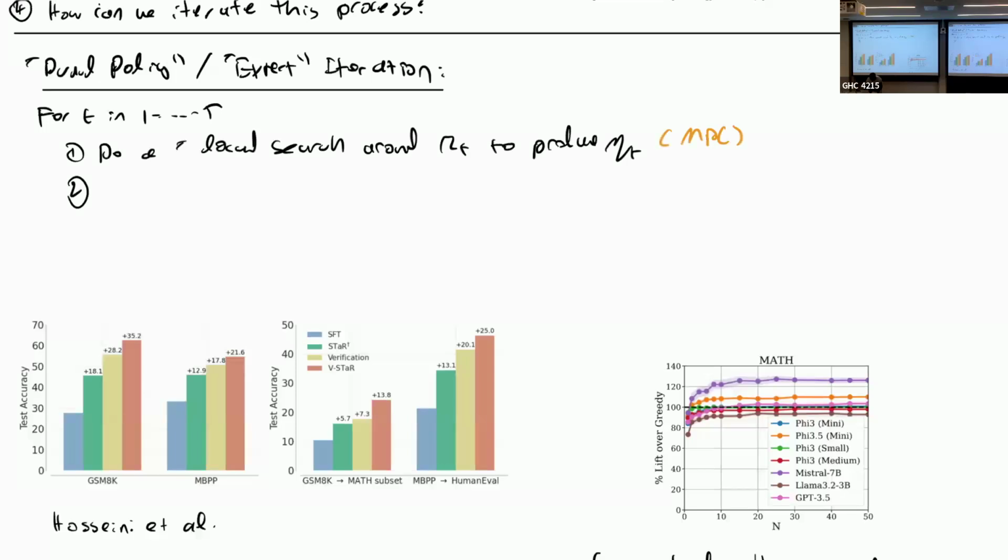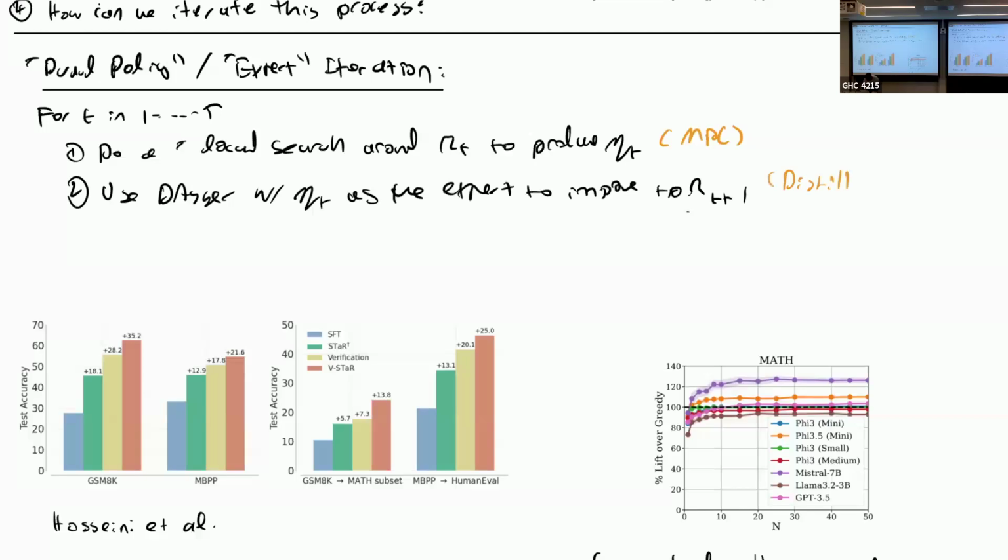Then what I can do is I basically use Dagger with eta t as the expert to improve to pi t plus 1, and people will sometimes call this distillation, or like guided search or things like this.